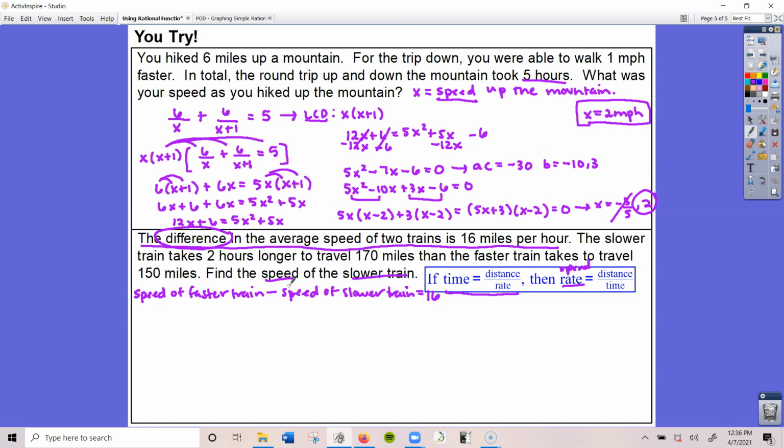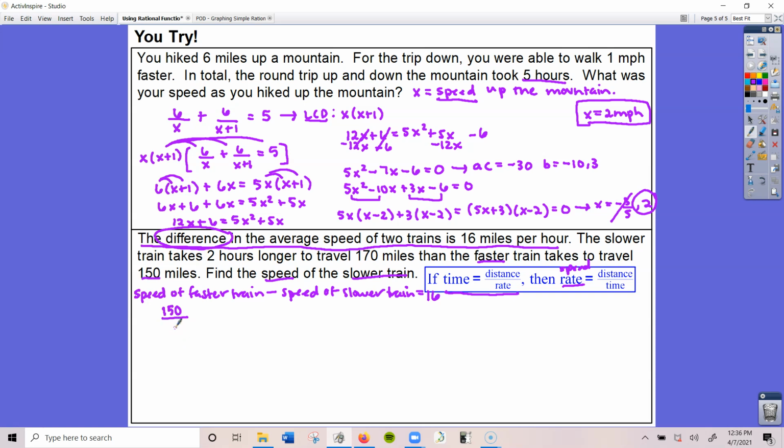X is going to be something else. And if you can't figure out quite what it is, think about it like this. The speed of the faster train. Speed is distance over time. The faster train travels 150 miles. So that's the distance. 150 over the time. Now, I don't know the time.